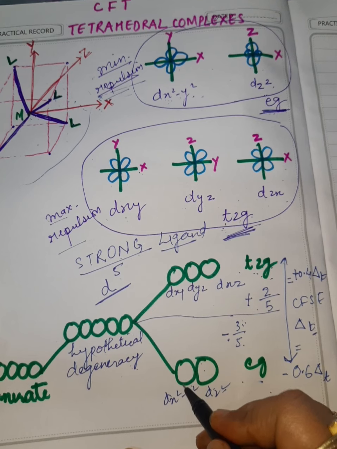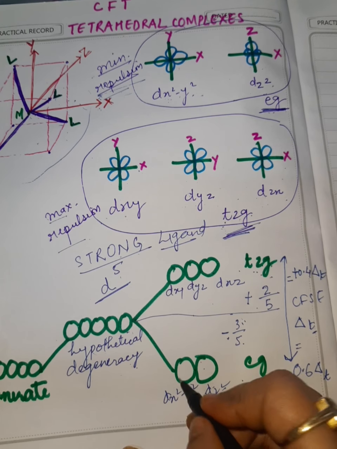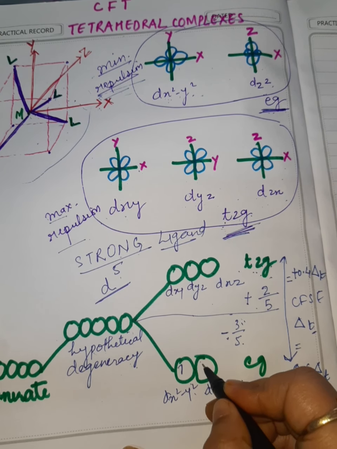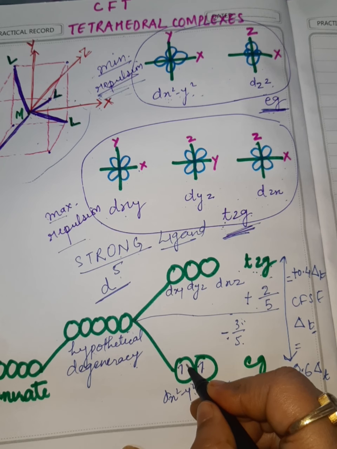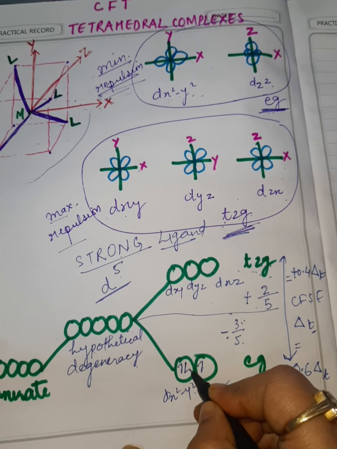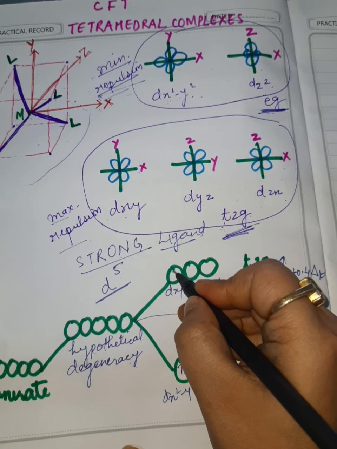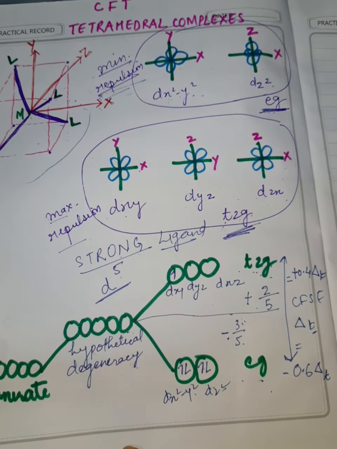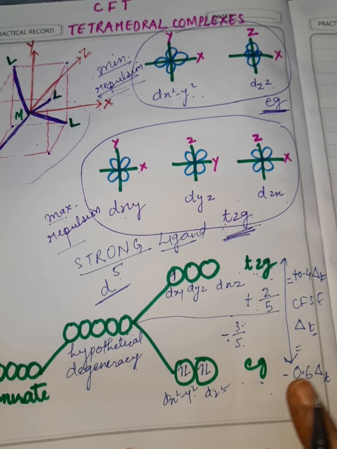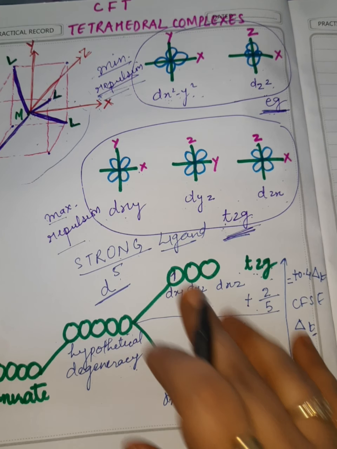So we'll start filling electrons as per Hund's rule. So 1, 2. Pairing will take place here. 3, 4. After pairing, the 5th electron will go to the higher energy, that is the T2G set. Clear? So this way the filling of electrons takes place in case of a strong ligand.